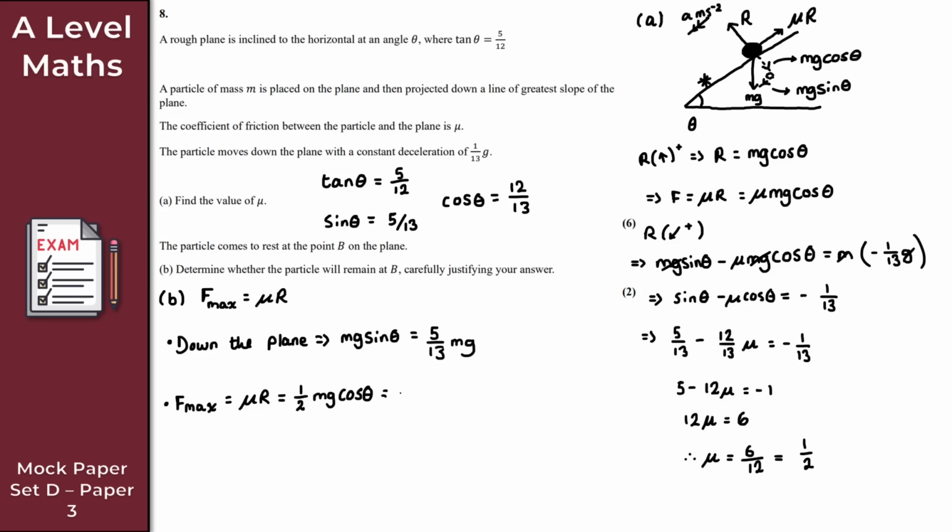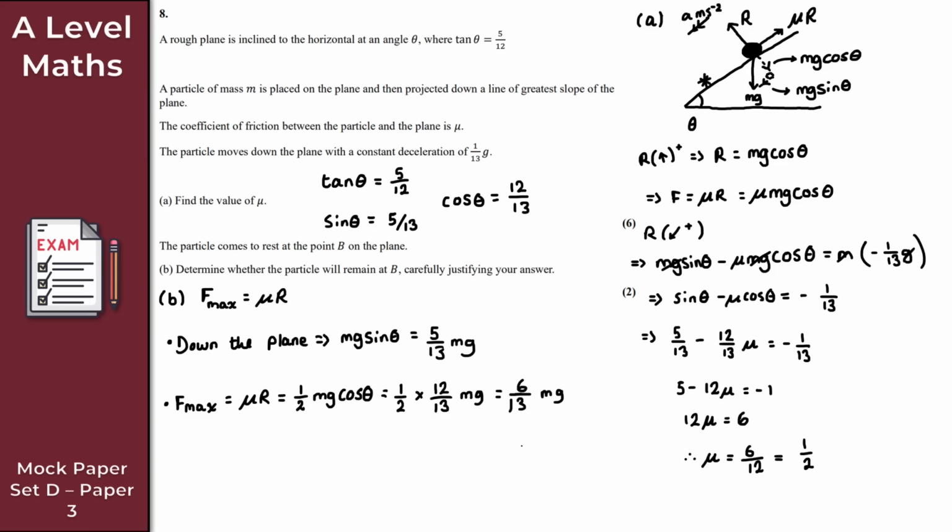That is 1 over 2 times mg, and cos theta is 12 over 13. So what does that simplify to? 1 over 2 times 12 over 13 is 6 over 13. I get 6 over 13 mg.